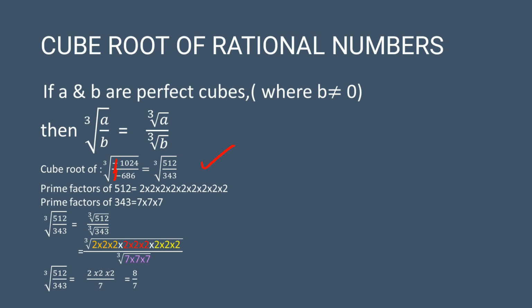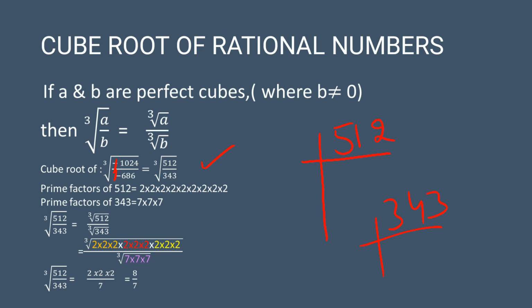You will see here that 512 is a perfect cube and 343 is also a perfect cube. So, firstly, you will make the number in standard form. Then you will start finding the cube root of the number.